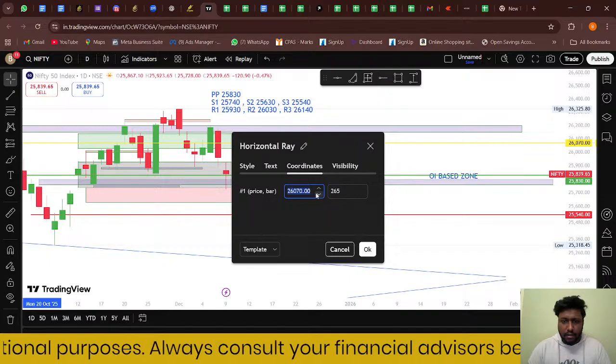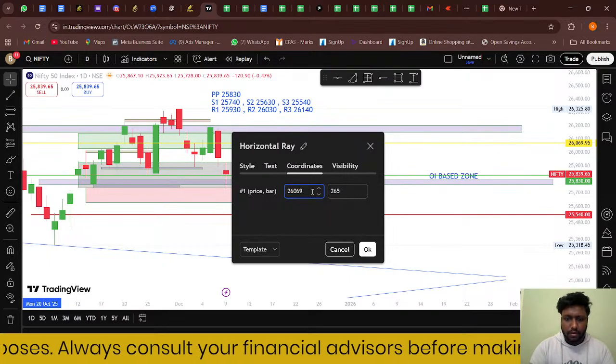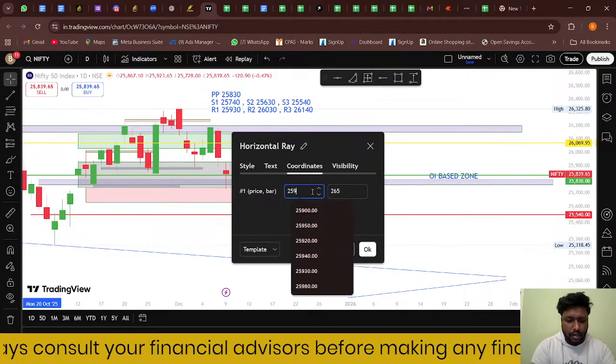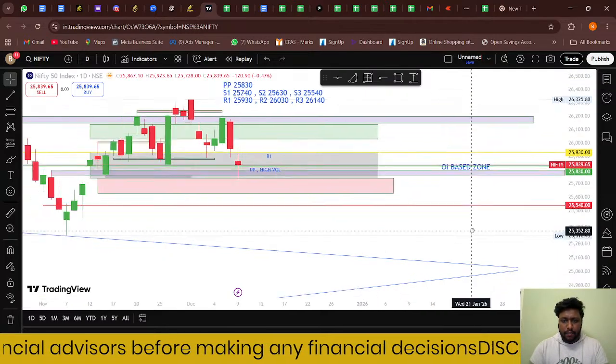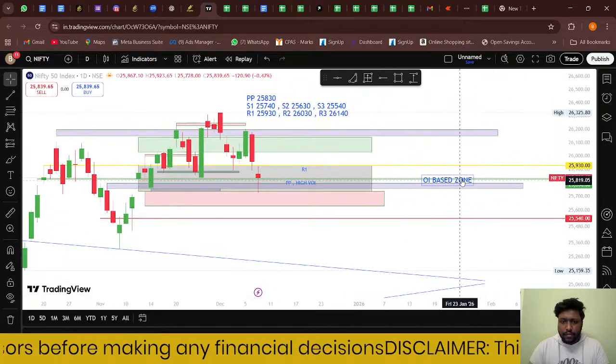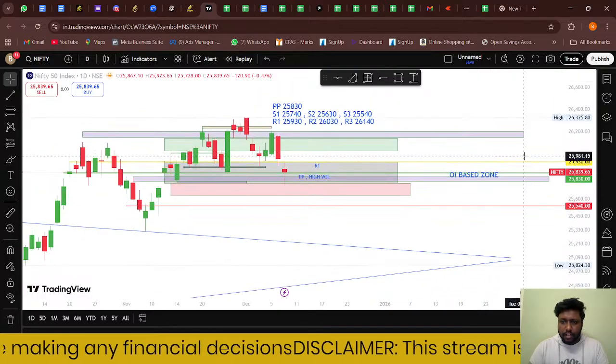First resistance 25,930. So with respect to Nifty, these are the levels for the day.